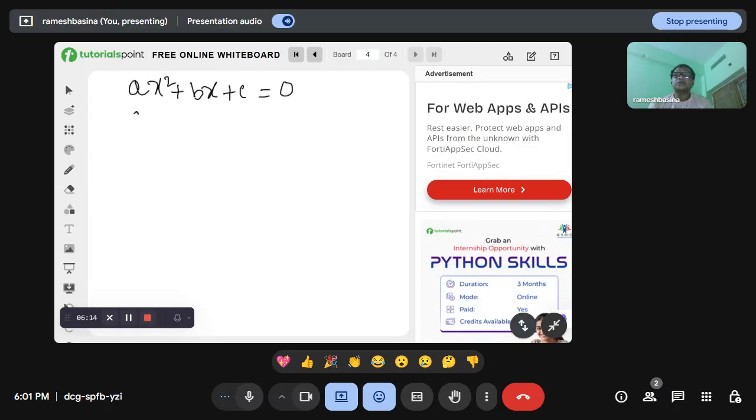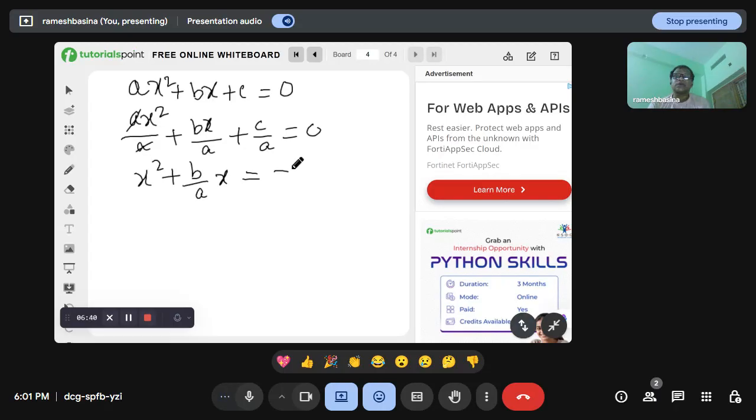Now ax square by a plus bx by a plus c by a is equal to 0. Here a and a cancel. What is remaining? x square is remaining. Next, this is b by a x, and this constant term we transfer to that side: minus c by a.